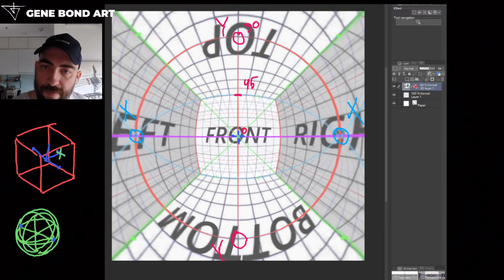Then here bottom 45, then left 45, right 45.